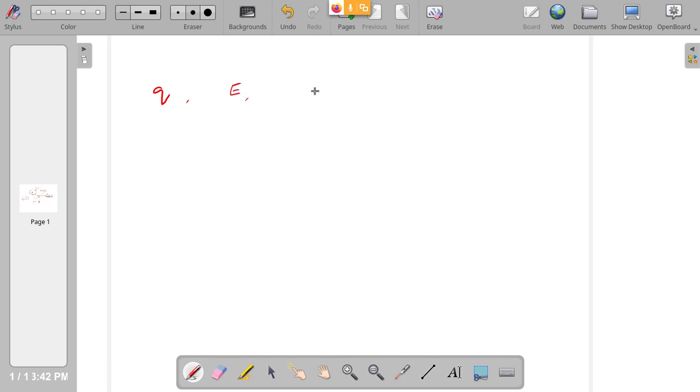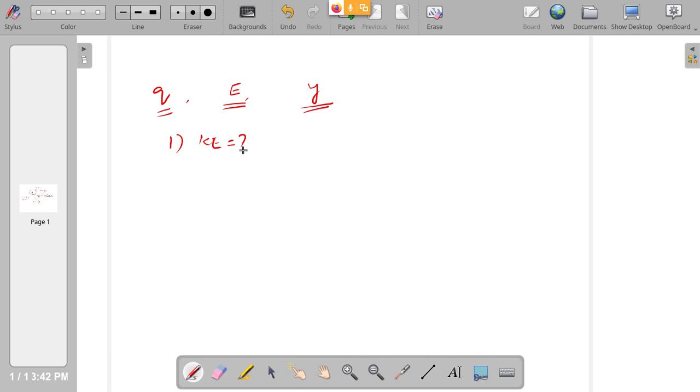What is asked is kinetic energy. Distance also is given in the question, it is y. So the particle is moving a distance y in an electric field E with a charge q. What is the kinetic energy Ke? That is the question.